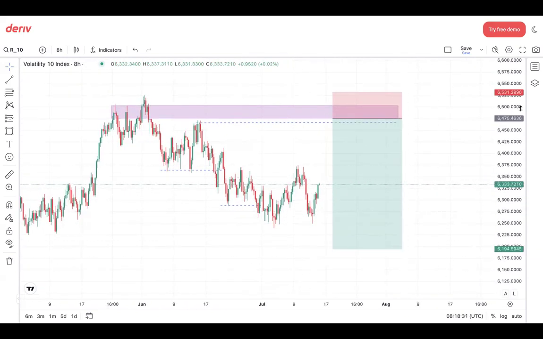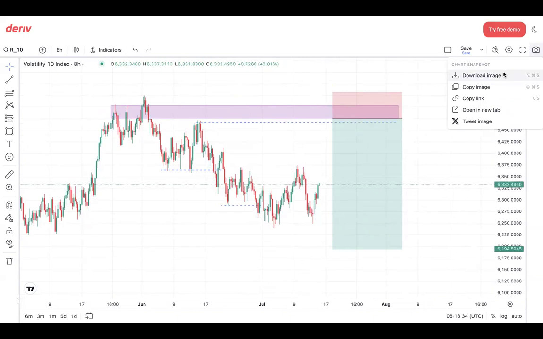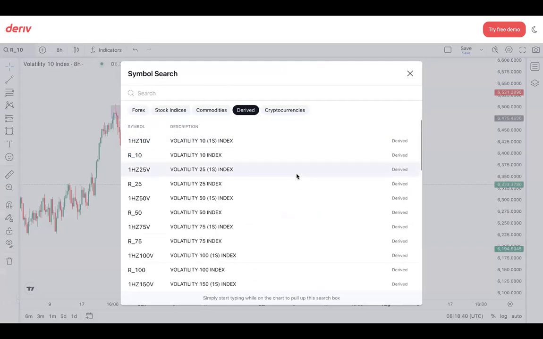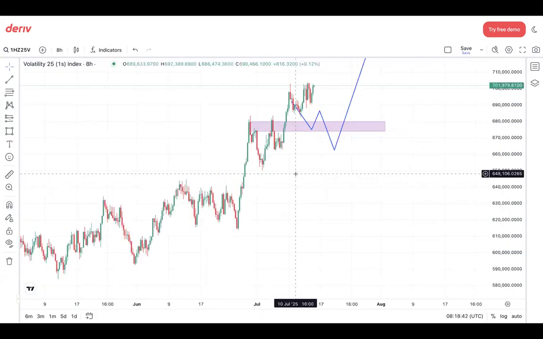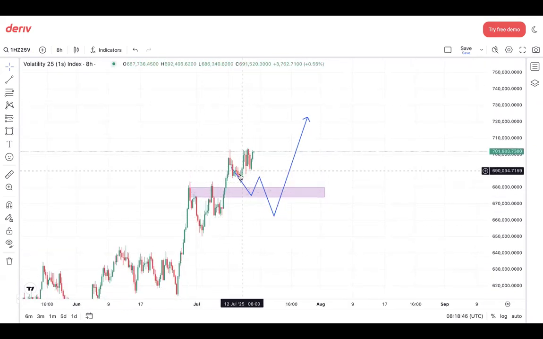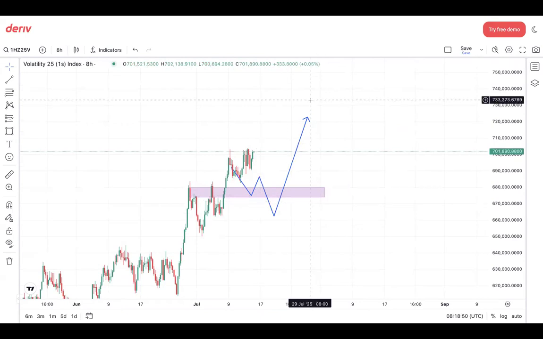Yeah, and that's basically it. So sales visible for volatility 10 index at that particular zone that I marked out. Let's look at 25 winners. For 25 winners, I marked out this area as an area for buy opportunities. I'm expecting market to slowly come down into this area, and then we have buys all the way to the upside, and that's pretty much it.